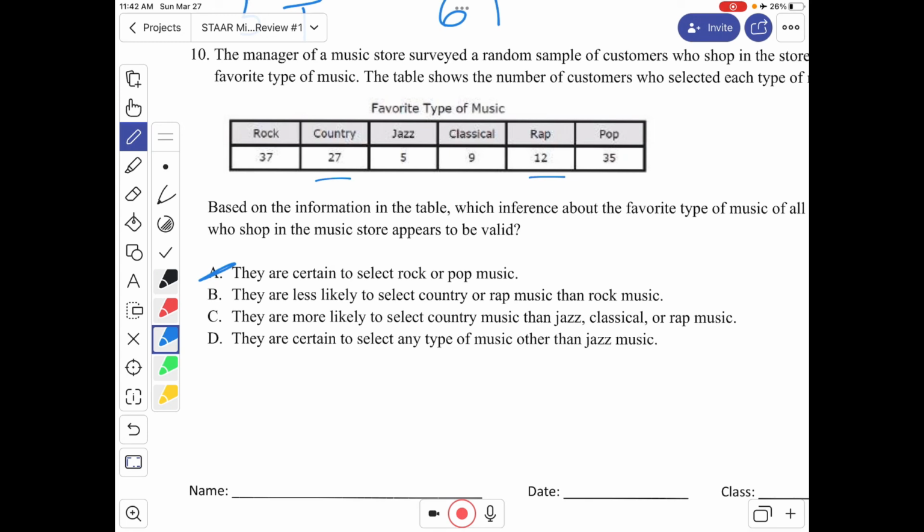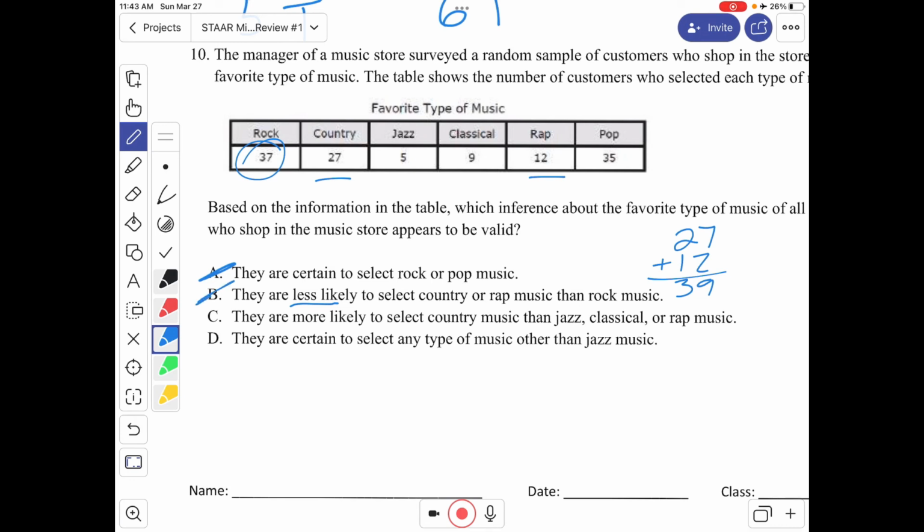So if we put 27 plus 12 together, that would be 39. Is 39 less than rock, which was 37? No.